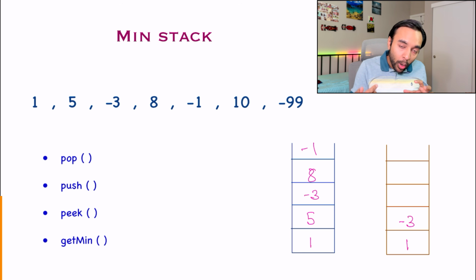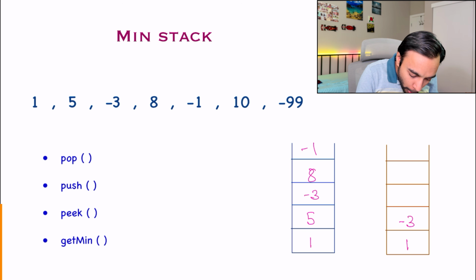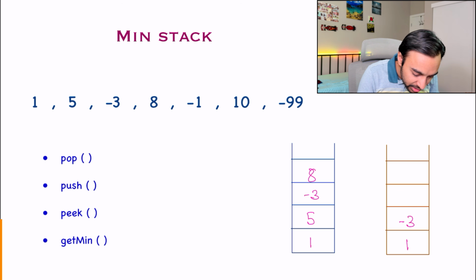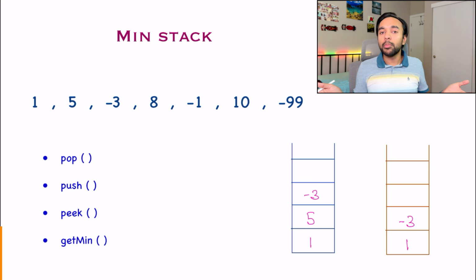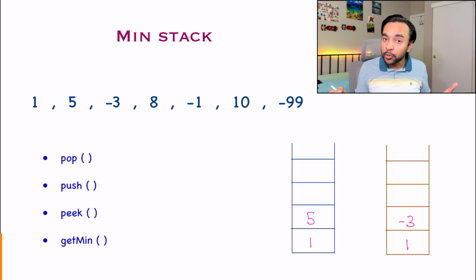For example, what happens if I try to pop from my stack now? Let us say I do a pop operation, so minus 1 gets out. But at the same time, you will check your minimum stack also. Are you popping the same number? No. So leave the minimum stack as is. You pop out the next number and that is 8. You don't have 8 in your min stack, so let it be. The next number you pop is minus 3. So you remove this.